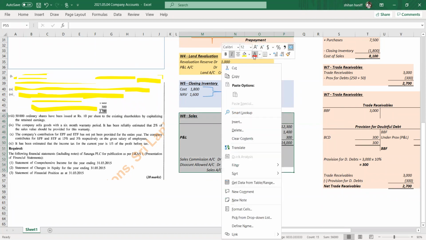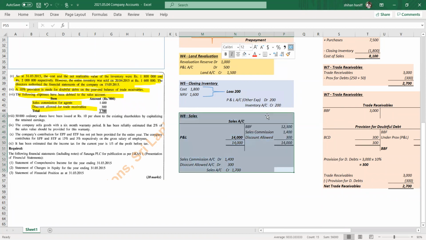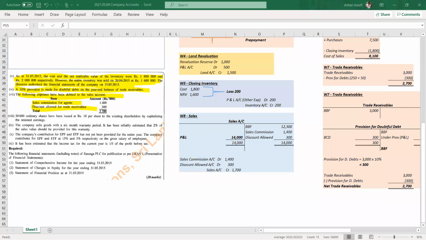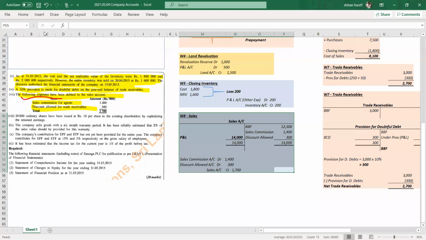Working number 8. Why credit side? Here they have said debited in the question. It says the following expenses have been debited to the sales account. These are expenses debited to sales account, but you can't debit the expense to the sales account. You have to debit the expense to the expense account.